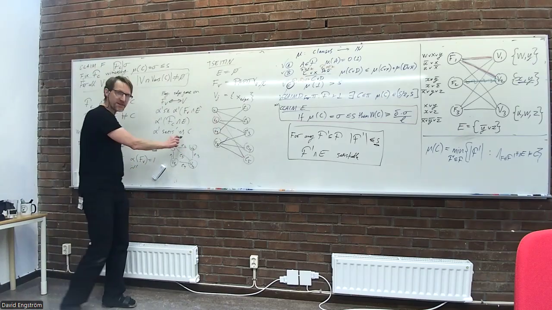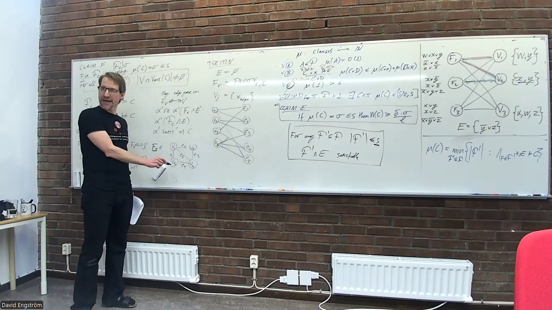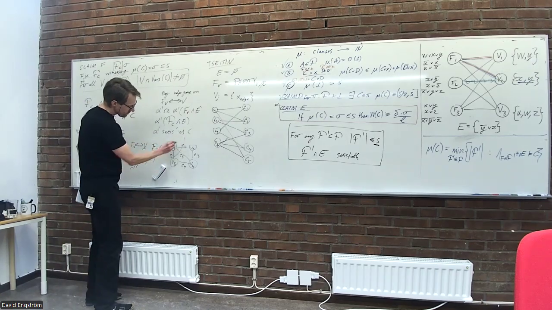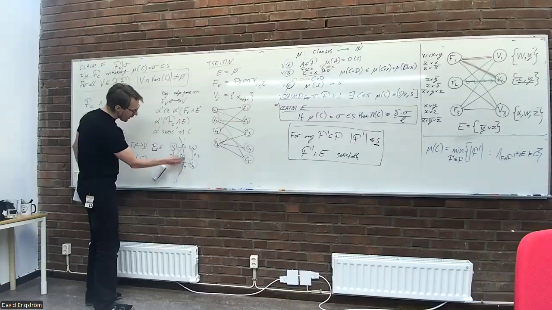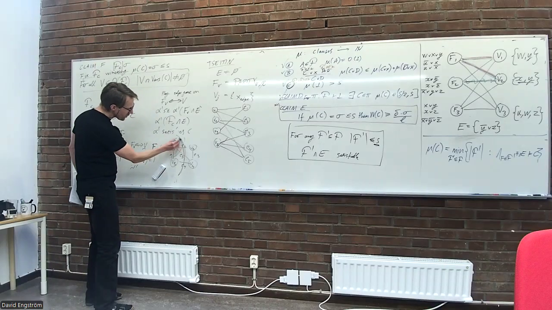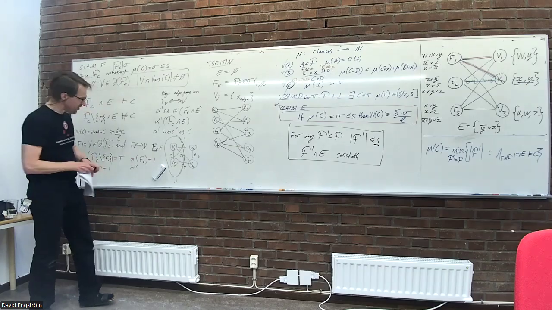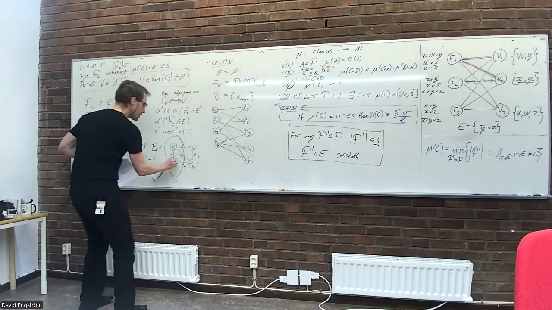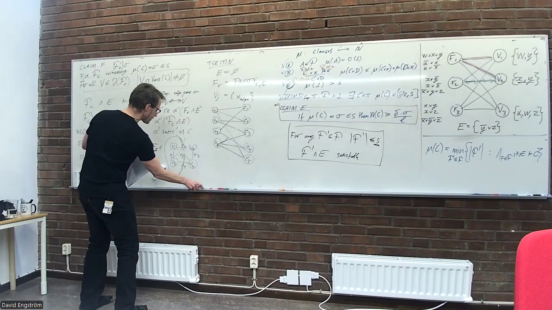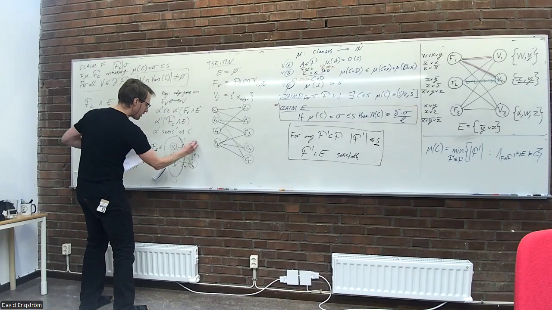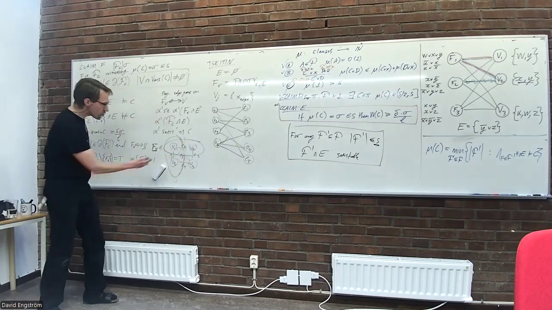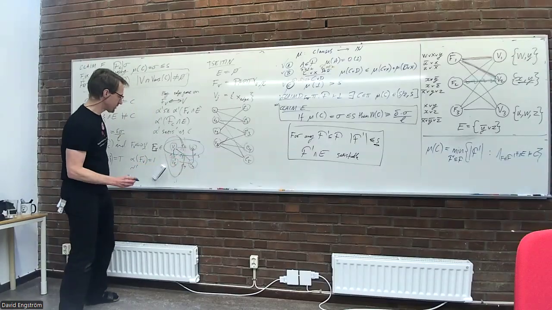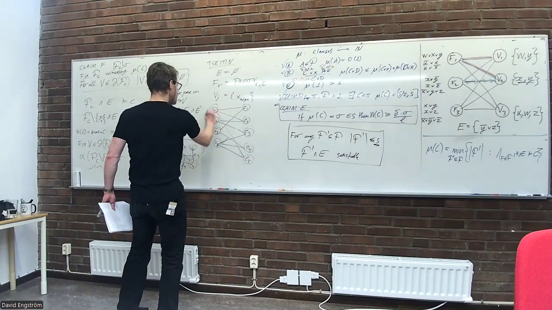Okay. Suppose that this graph is an excellent edge expander. And in particular, look at what are the outgoing edges from V1, V2. That's this edge, this edge, this edge, right?